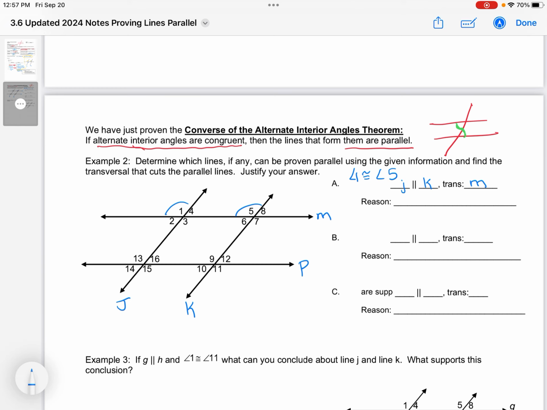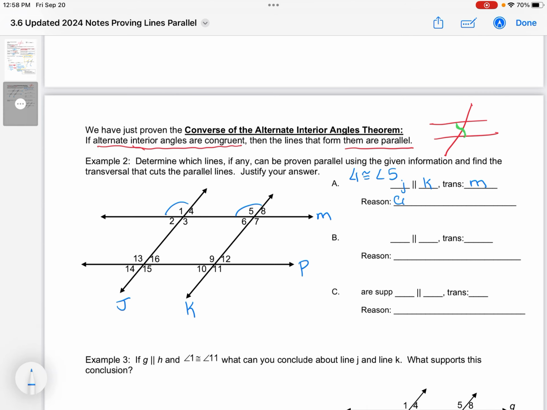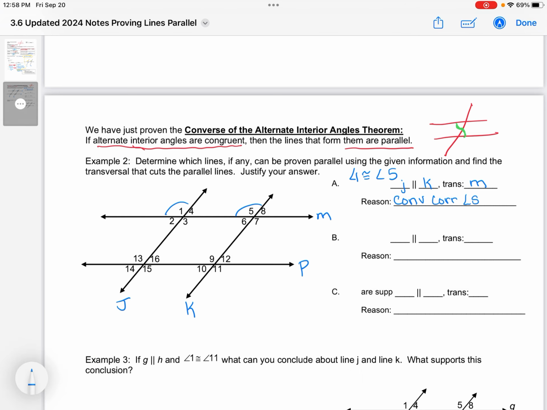M is the transversal. And this is corresponding angles. Oh, converse corresponding angles, which is what's at the top of the other page. Converse corresponding angles.